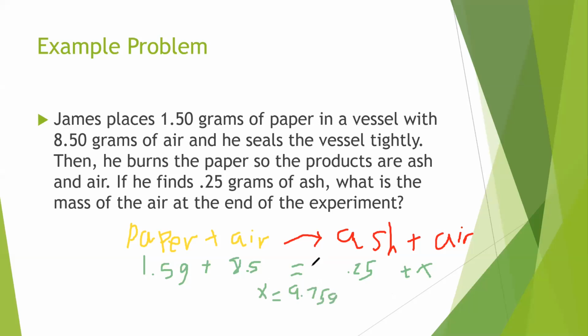So that's basically how we use the conservation of mass to solve a problem. You guys all did it right in the chat. So let's go to the next problem.